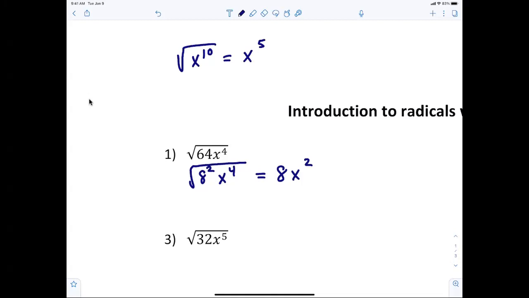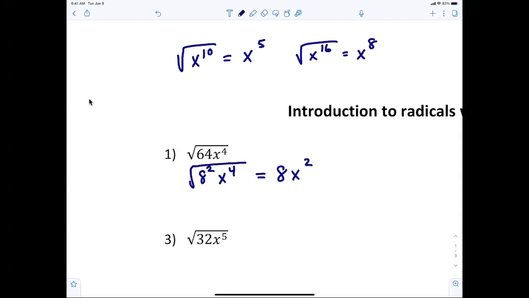If I said the square root of x to the, let's say, 16 is a good one. What is the square root of x to the 16th? Not x to the 4th. That's the common mistake. All variables are divided by 2. So the square root of x to the 16th would be x to the 8th.